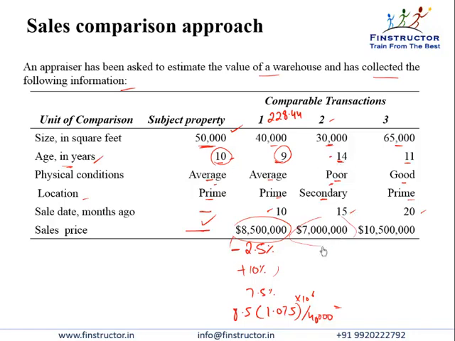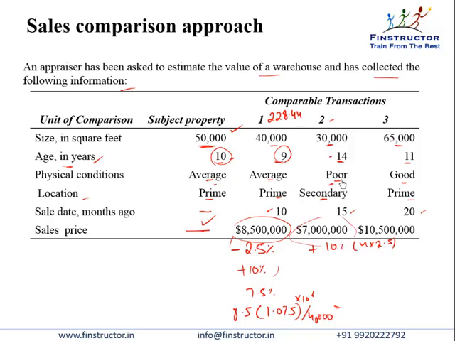So to adjust, we would need to reduce the price by 10%. That is 4 into 2.5. So to compute the comparable price, we would have to add 10%. That is 4 into 2.5 because our property is relatively newer. It's 4 years newer, so it's 10% newer than this property.